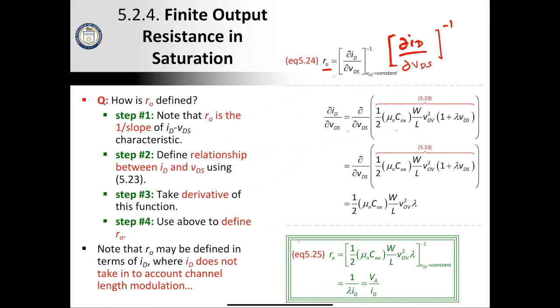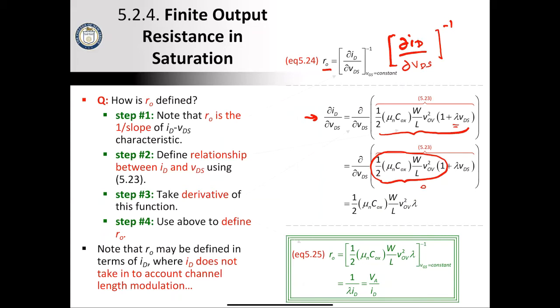So now what we will do is take the partial derivative of ID with respect to VDS, and plug in the equation that takes into account channel length modulation with the lambda value. We can split this up into two parts. One part is all of this, which is constant, and its derivative with respect to VDS will be 0.